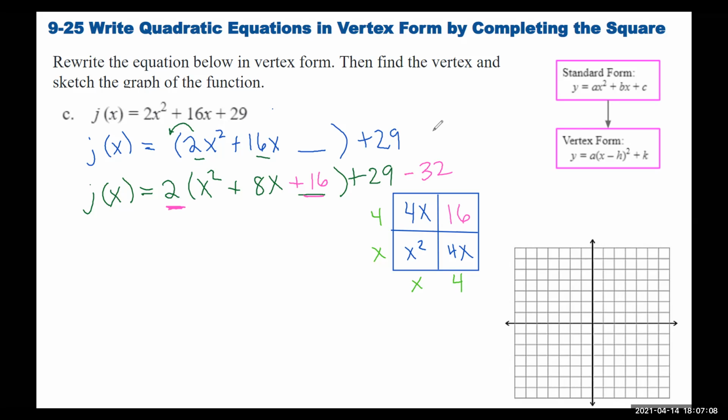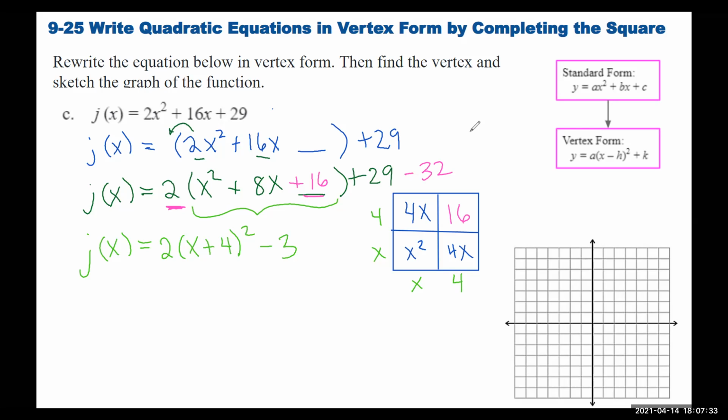So now I have what I need to finish this problem. So I'm going to rewrite this part as x plus 4 squared. So now my function will look like j of x equals 2 times x plus 4 squared. There's our perfect square. And then 29 minus 32 makes minus 3.